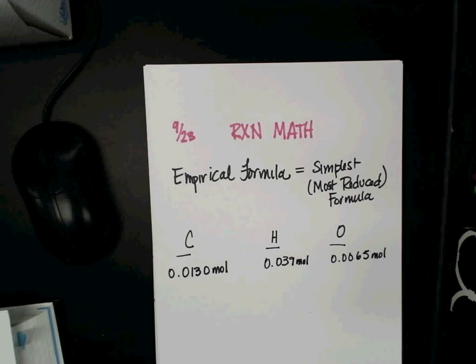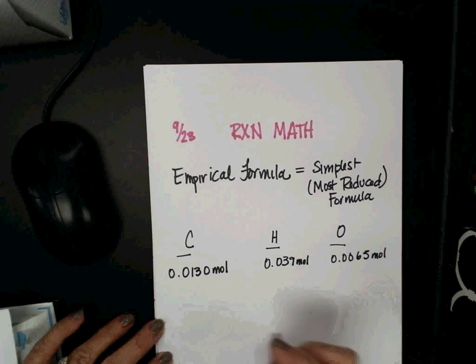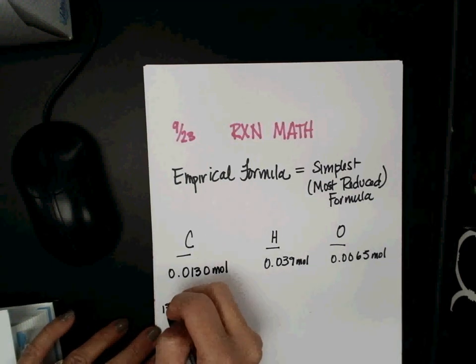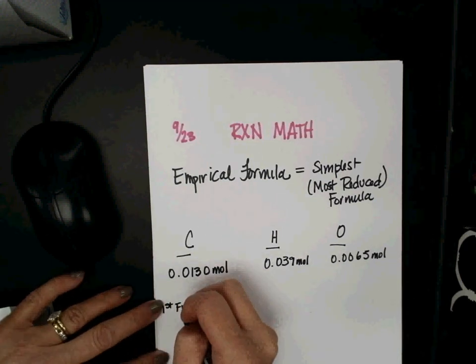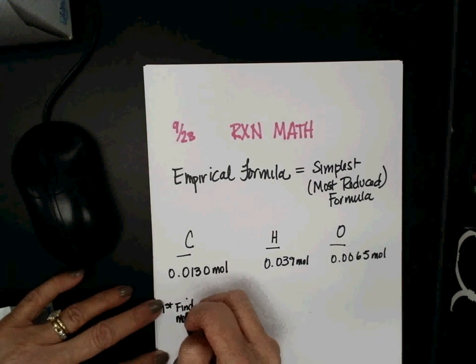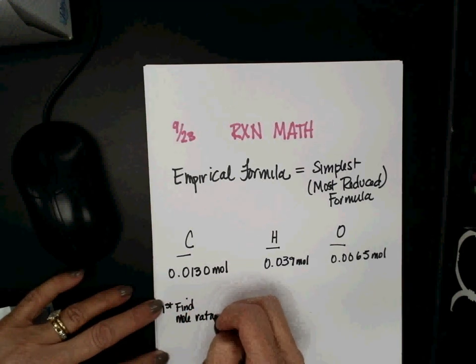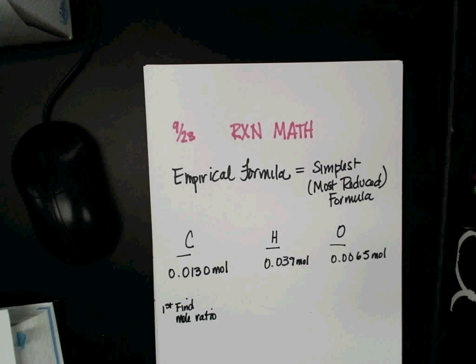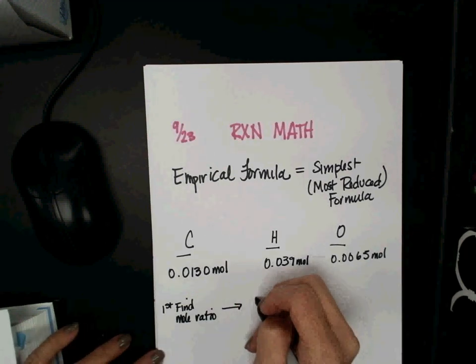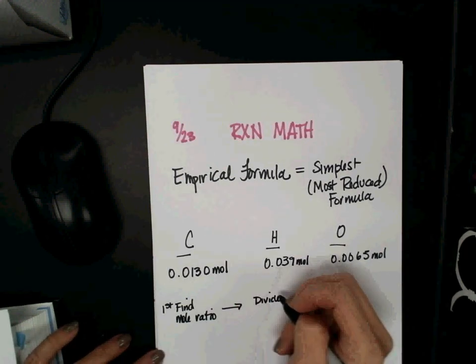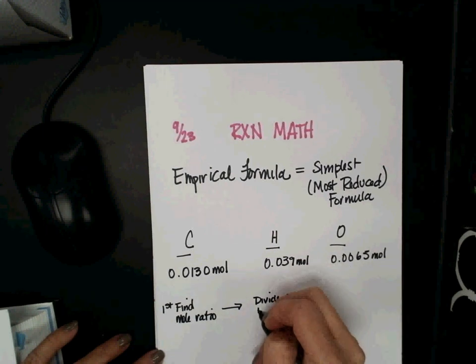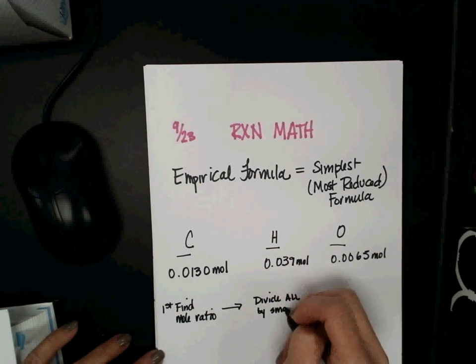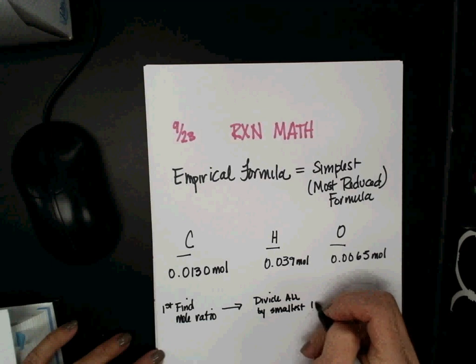So I'm given some very nice information. When you're given moles in the problem, it gets rid of a couple of steps for you. So when I'm given all moles, the first thing I want to do is find the mole ratio. And I do that by dividing all by the smallest number.